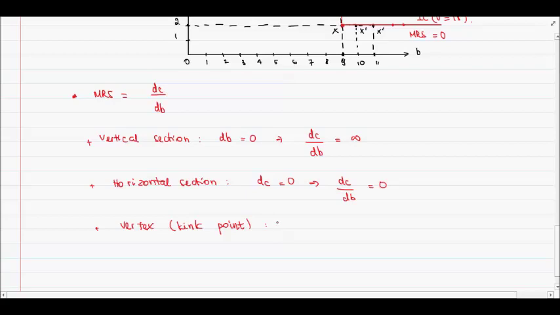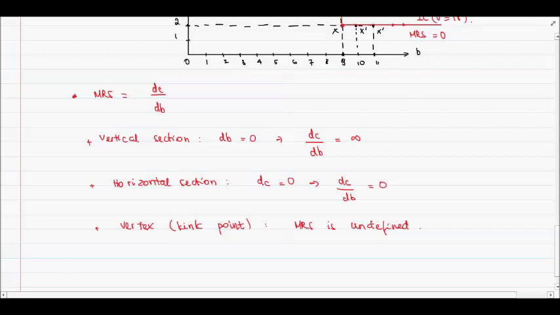So we have 3 different values for the marginal rate of substitution along the indifference curve for the perfect complement case, which is what I wanted to mention.